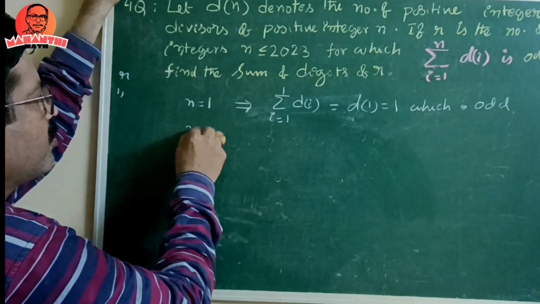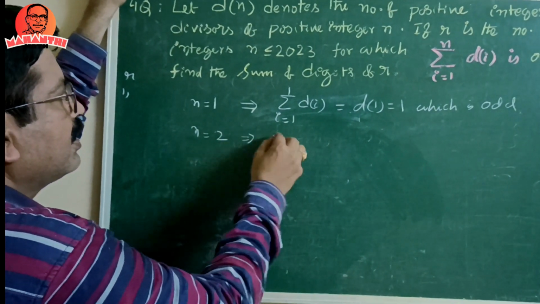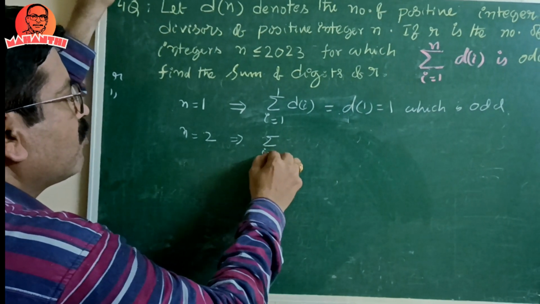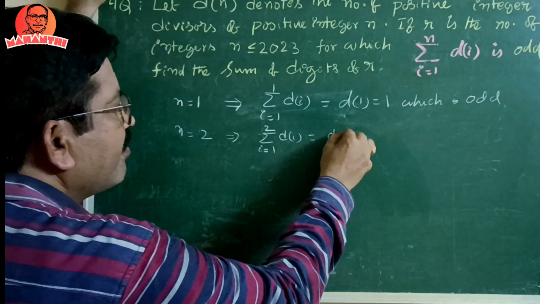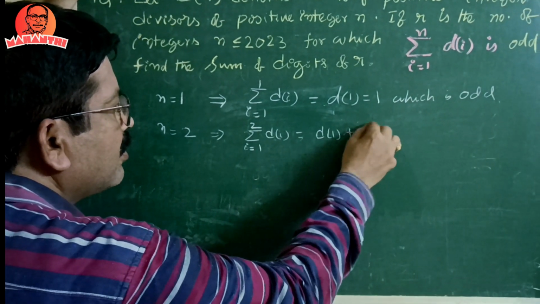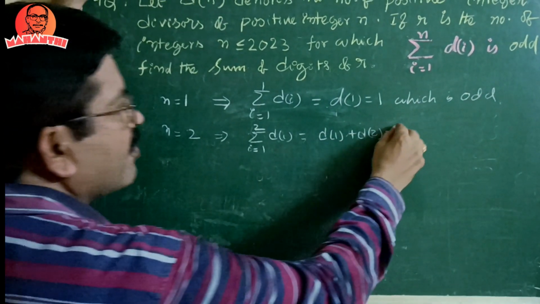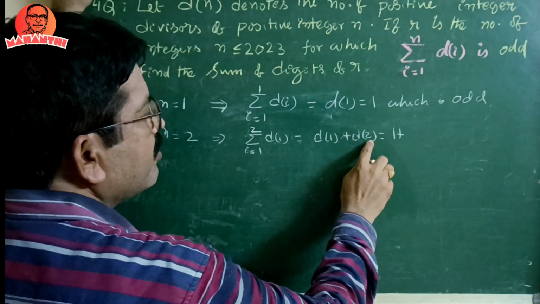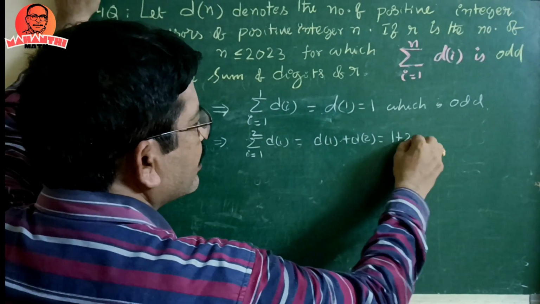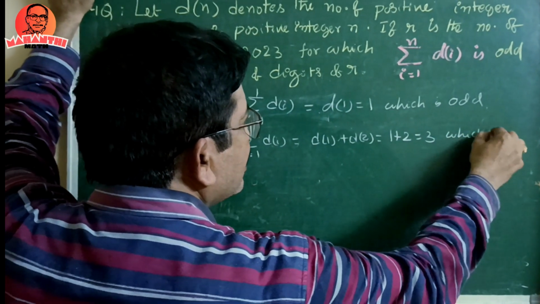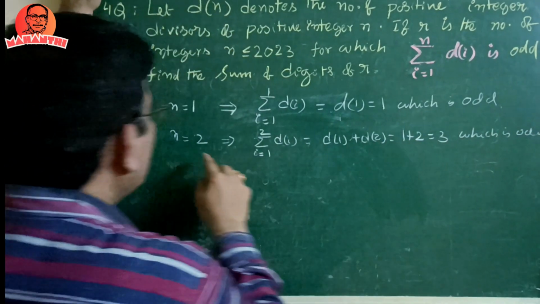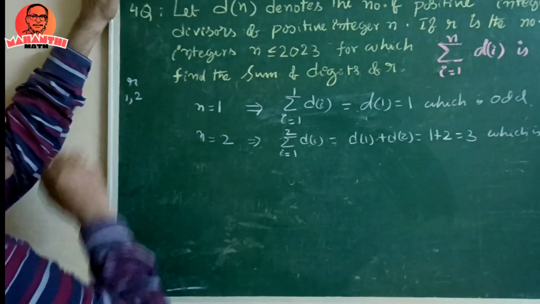Next, take n equal to 2. The sum is D(1) plus D(2), where D(1) is 1. How many factors does 2 have? 1 and 2, two factors. So the sum is 3, which is also odd, so n equal to 2 also we have to count.